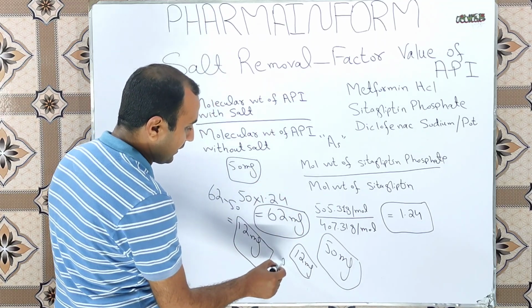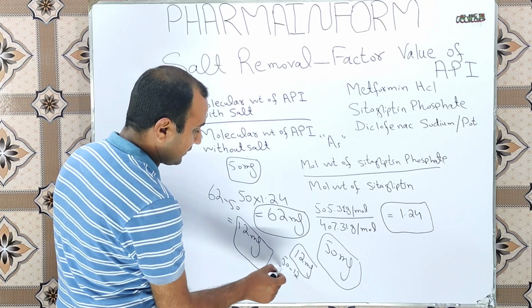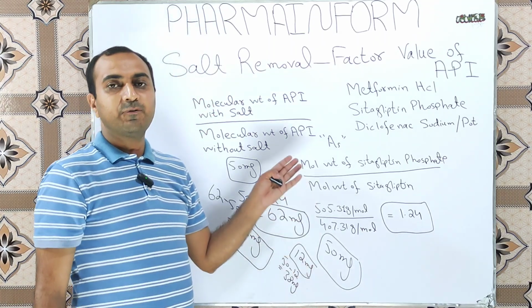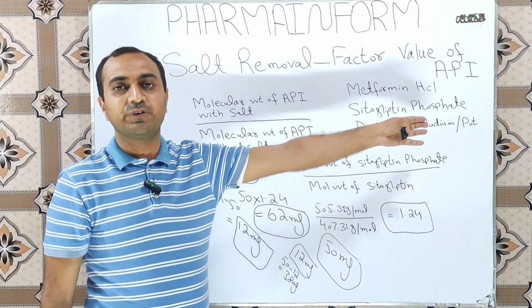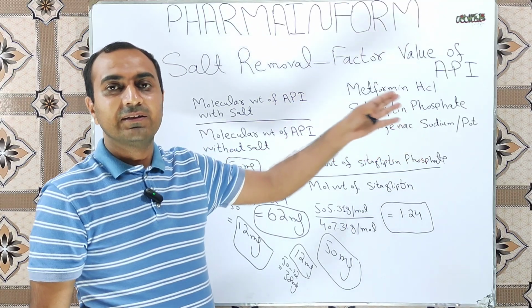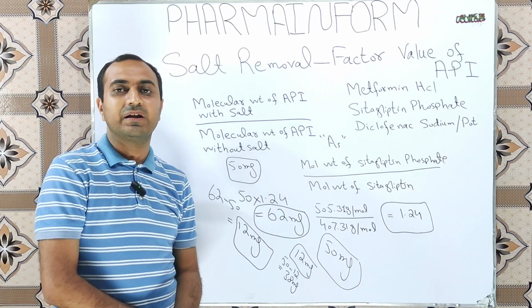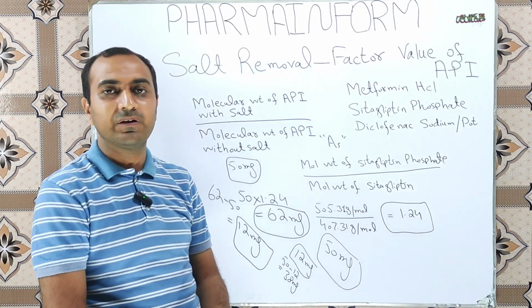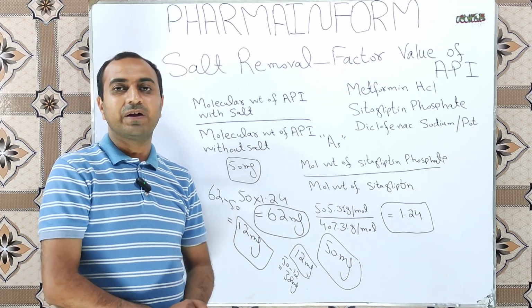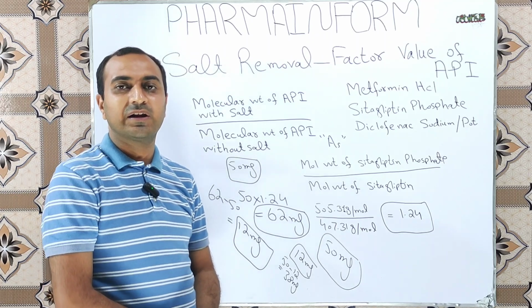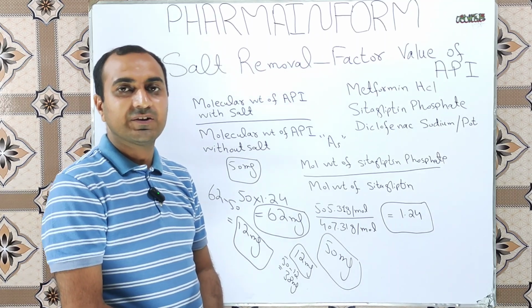So 50 minus 12 is equal to 38 milligram. If we use 50 milligram of sitagliptin phosphate, then it will be equivalent to 38 milligram of pure sitagliptin. So the required therapeutic effect will not be achieved and our assay value will not lie within the specification.